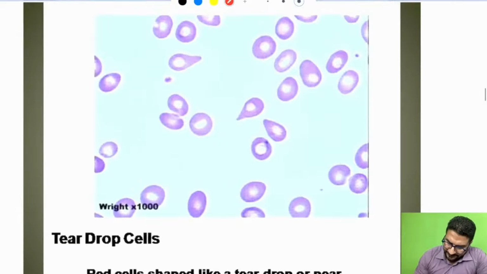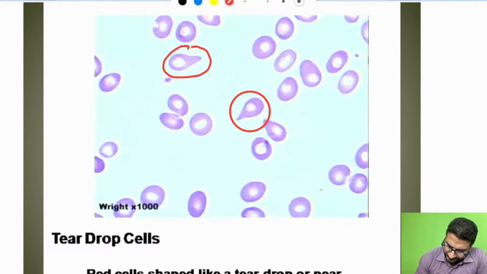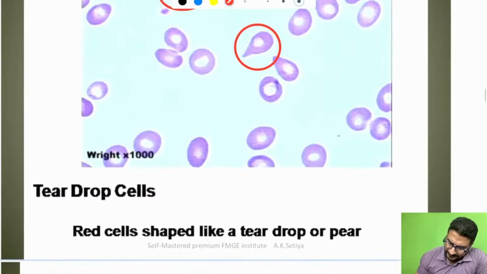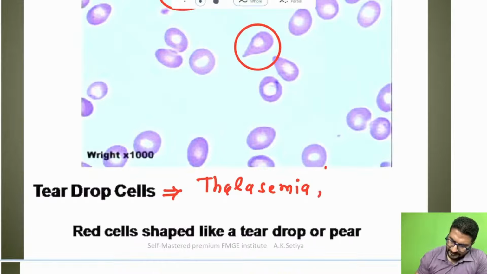Okay, now look at the screen. We have teardrop cells. Teardrop cells means RBCs, they will look like a drop of tear. These teardrop cells, understand, these are seen in a patient with thalassemia. And remember, where else we see them? और कहीं मिलेगा, कोई बताएगा?